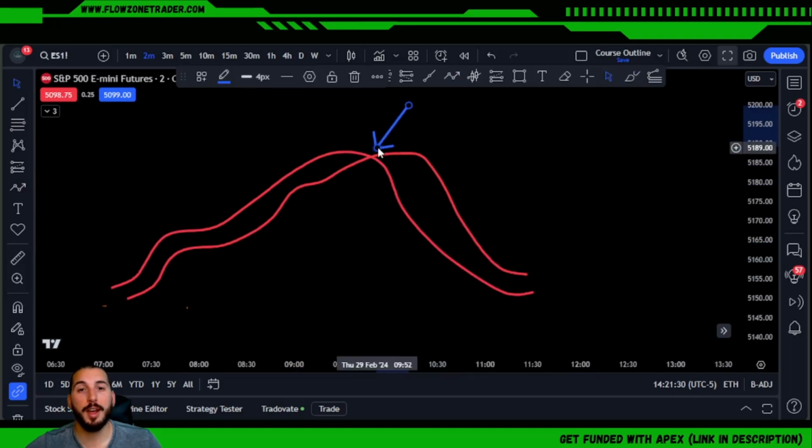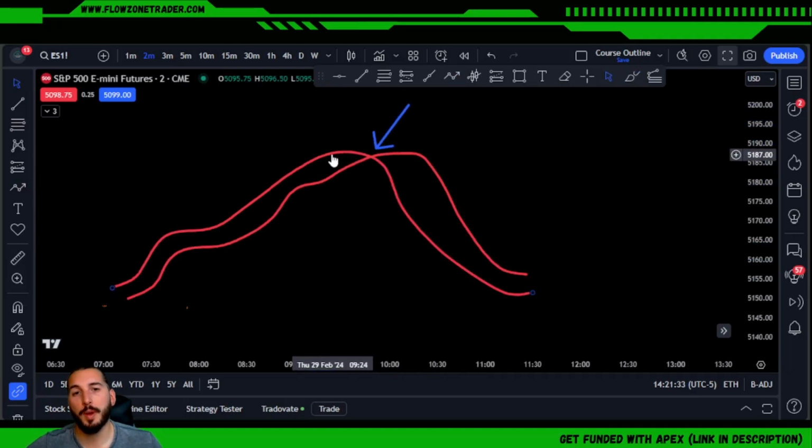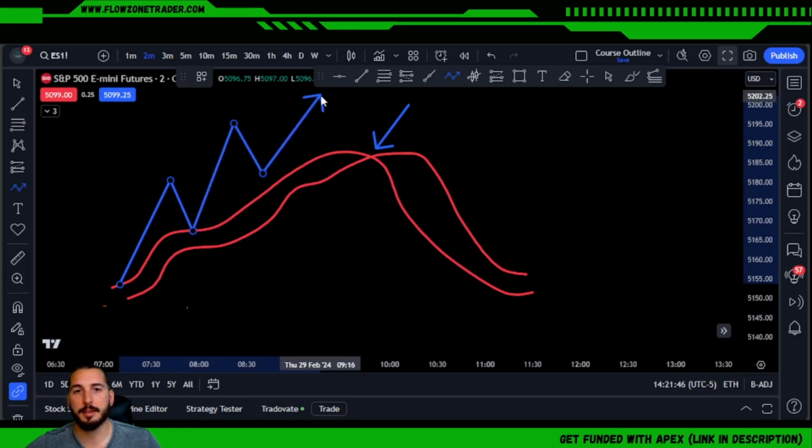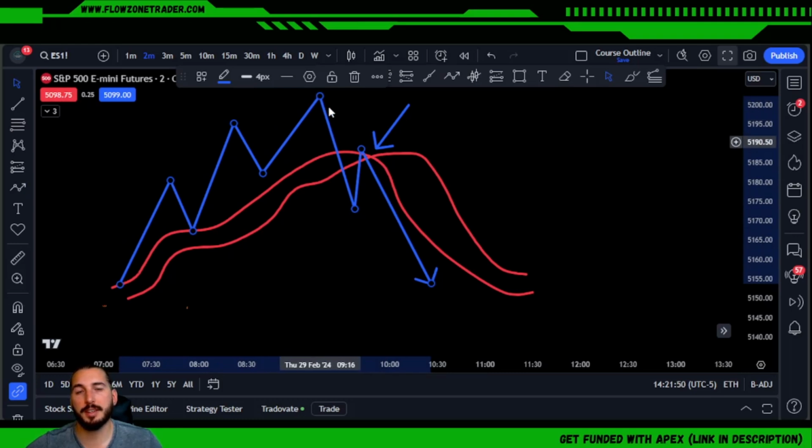At this point, right in here, we have a moment where the faster EMA, the 13 EMA, crosses beneath the 21 EMA. And what would that look like in terms of price action? What that would look like is probably something like this. Okay, it signifies the first time where price is trying to go lower.